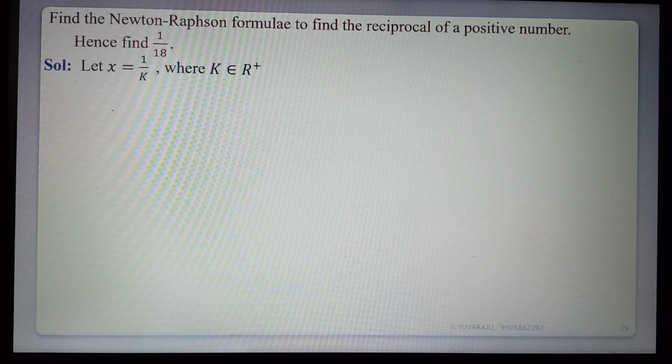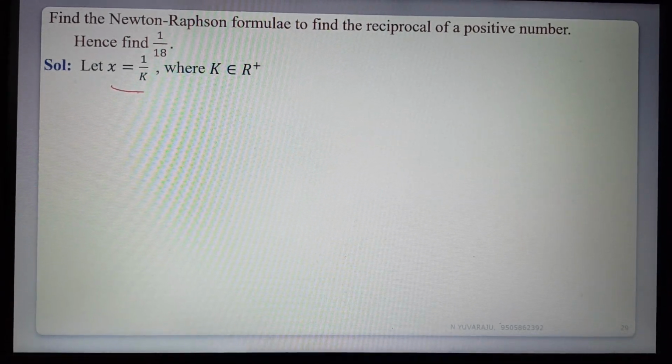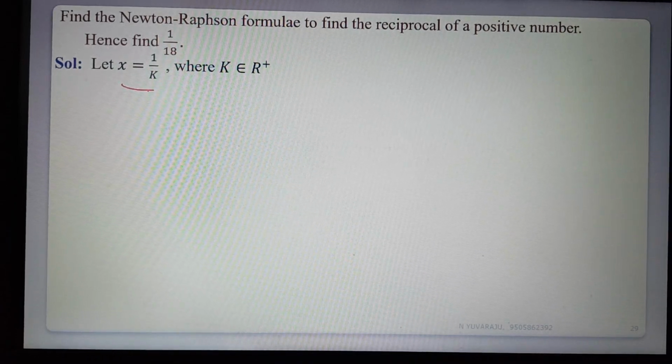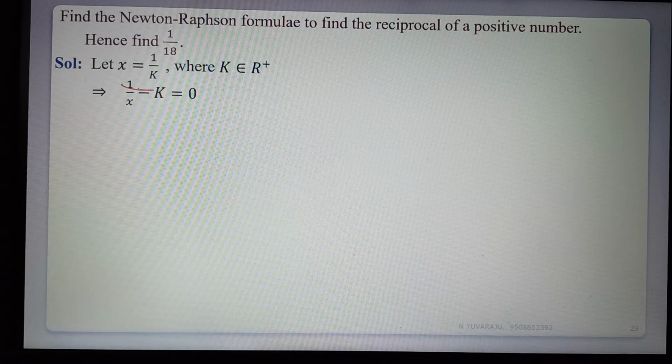Let x is equal to 1 by k, the reciprocal of a positive number k, where k belongs to R plus. Outside the reciprocal 1 by x, and outside k, that is 1 by x minus k is equal to 0.